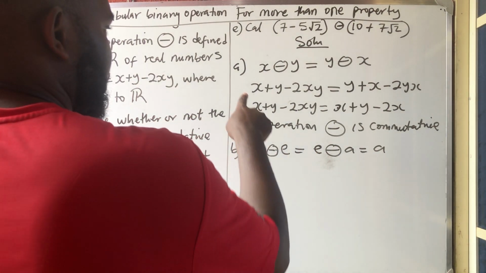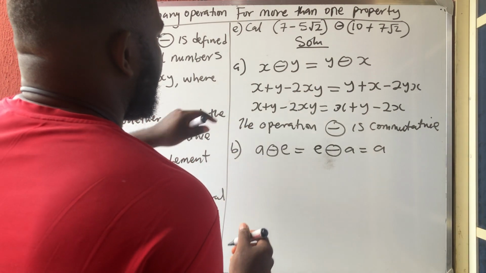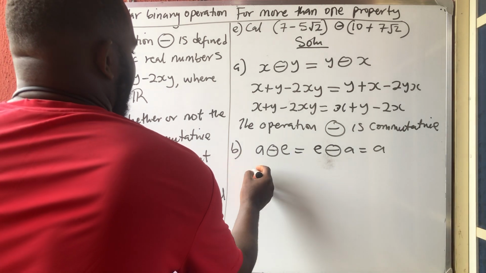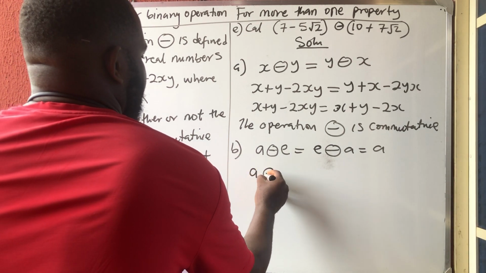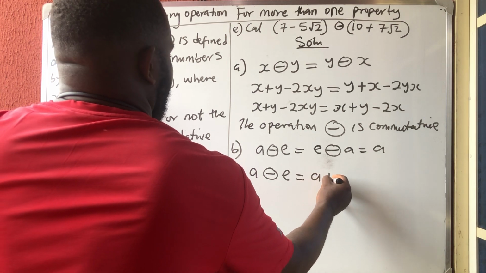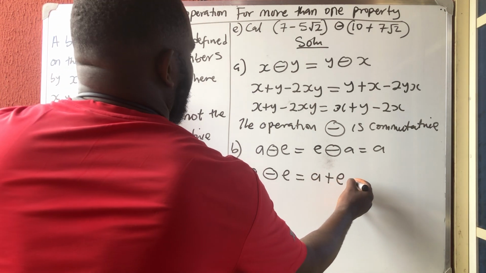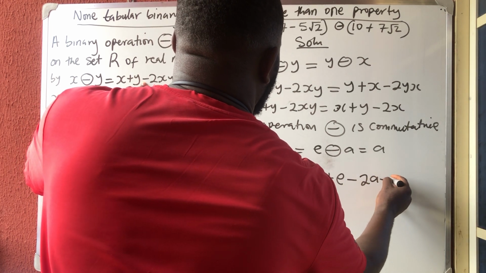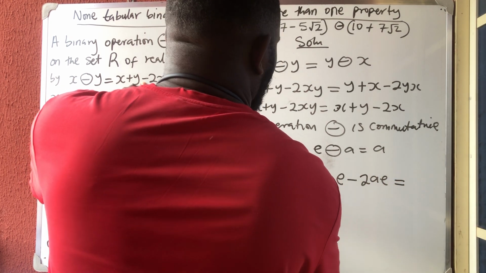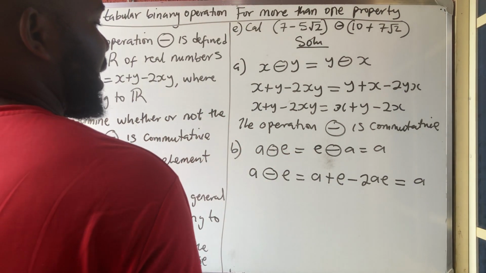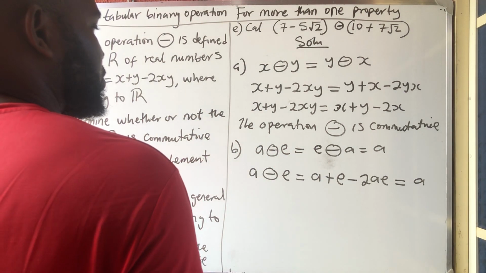If we put it here, we are having A operating on E is equal to A plus E minus 2AE. They say it is equal to A, you must get back that A. So let us do the magic here.